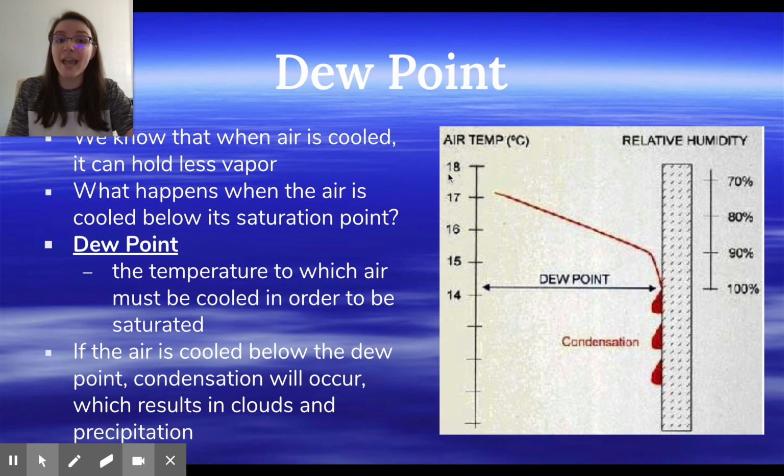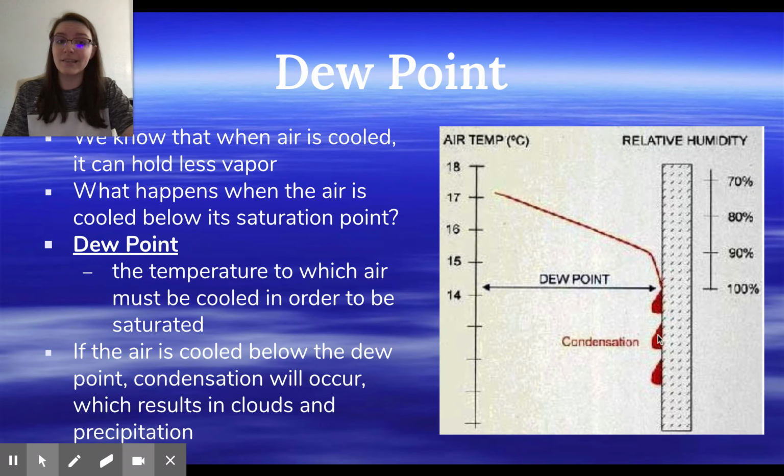So if it were 18 degrees Celsius outside, which I believe is around 75 degrees Fahrenheit, with 70% humidity, that means down at around 14 degrees Celsius, we've got our dew point.